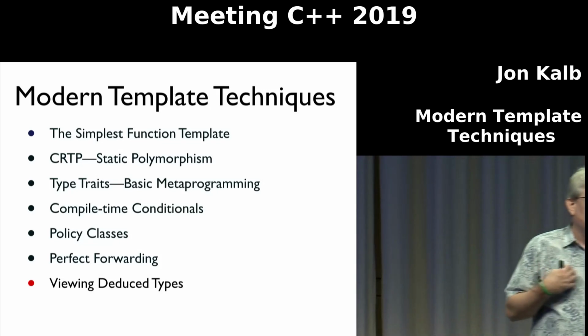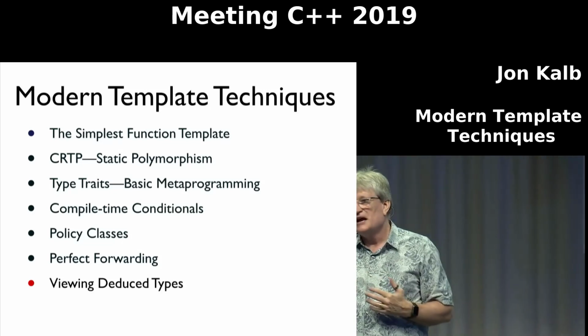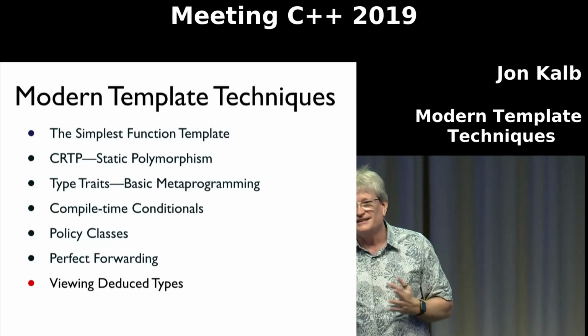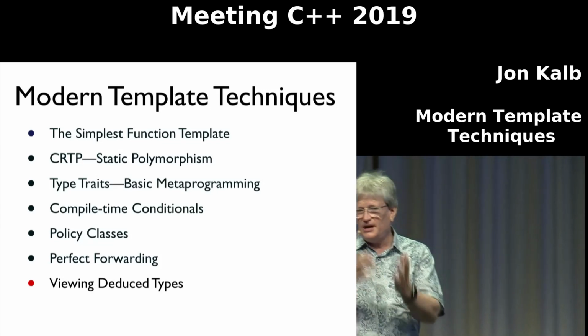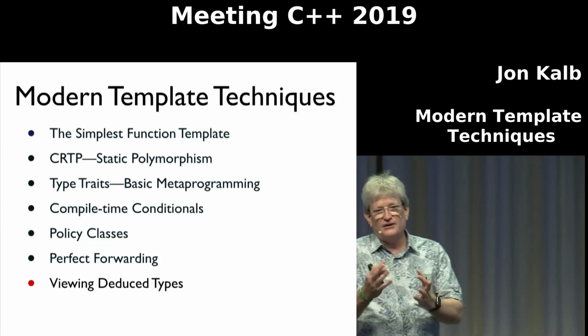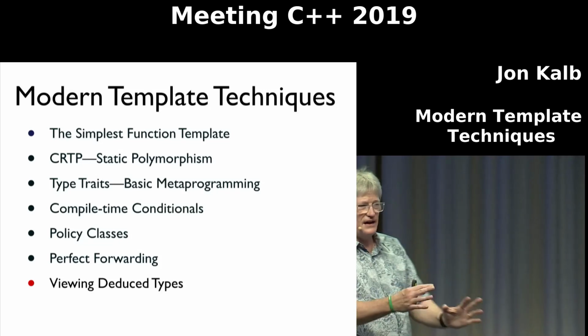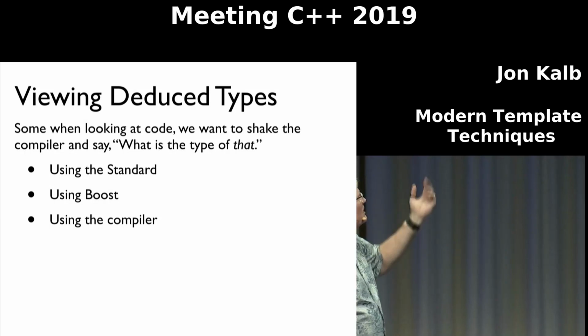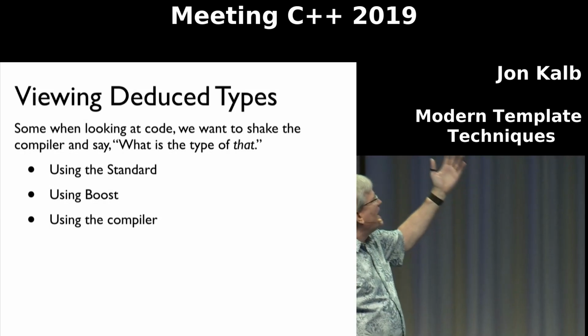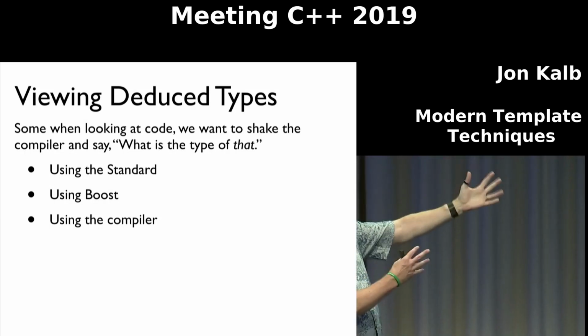And I'm humble enough to admit that the compiler might be right, but the problem is I don't know what the compiler's thinking. What is this type? I thought T here should be blah, blah, blah, and the compiler's saying, no, it's not that, it's something else. But I'm not sure what it thinks it is. So there's three different ways I'm going to talk about how you can figure out what is the type of something.